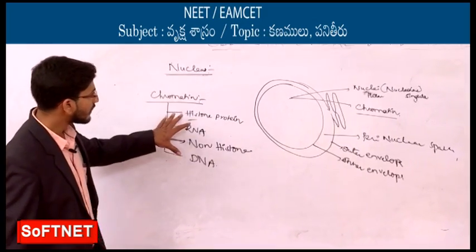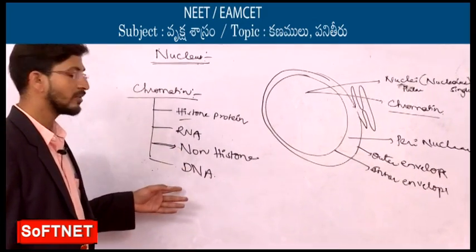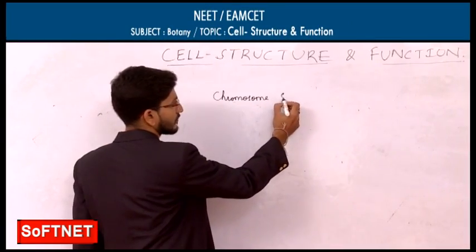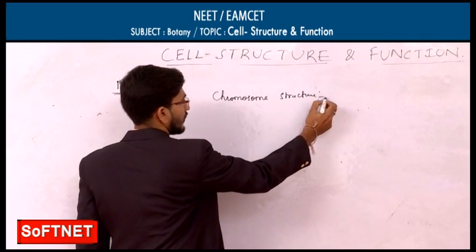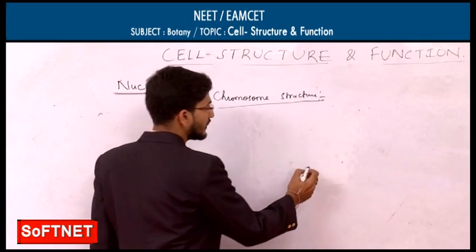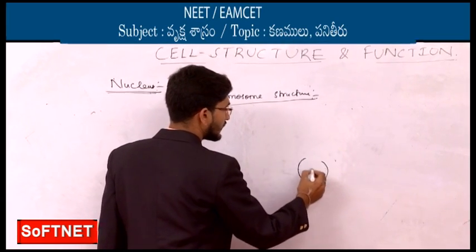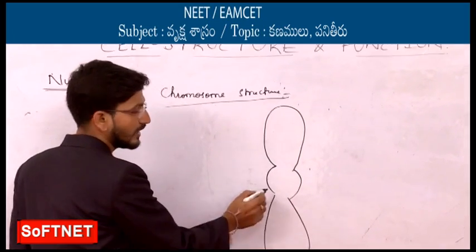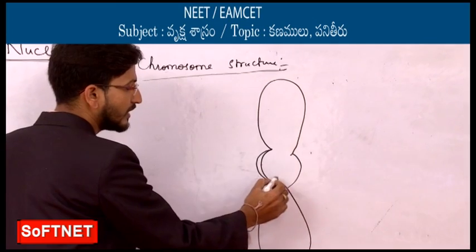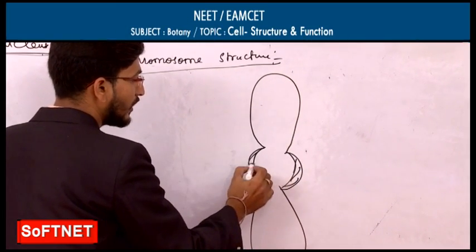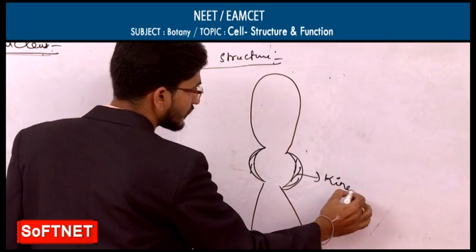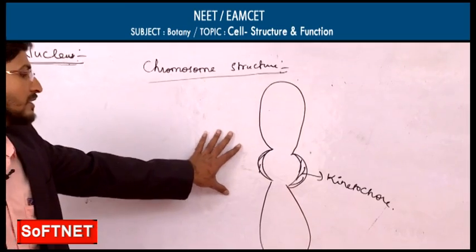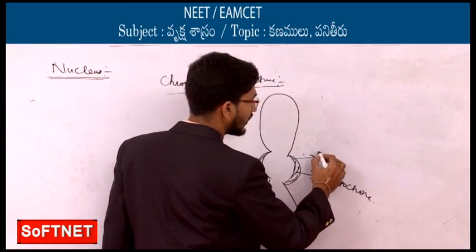Before going into the details of histone, RNA, non-histone and DNA, we will discuss the chromosome structure. Generally a chromosome is a rod-like structure which contains a primary constriction. This region is known as the primary constriction, and at this region you will find the kinetochores. The primary constriction is also known as the centromere.